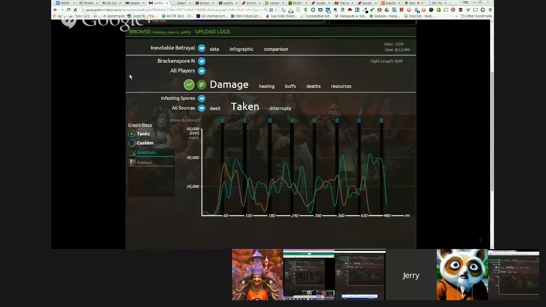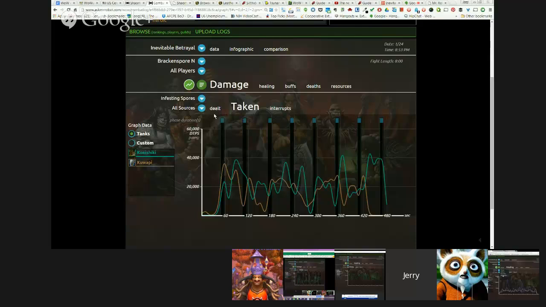Right now I can switch to looking at all players, and I'm looking at this as a healer. From a damage standpoint, I'm more interested in damage taken by the group. Brackenspore does have different phases, and I'm interested in where the spikes in damage are happening as a healer.